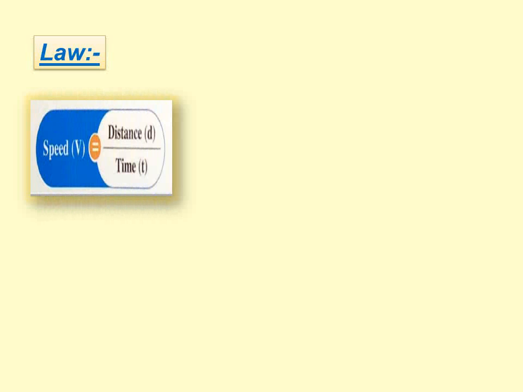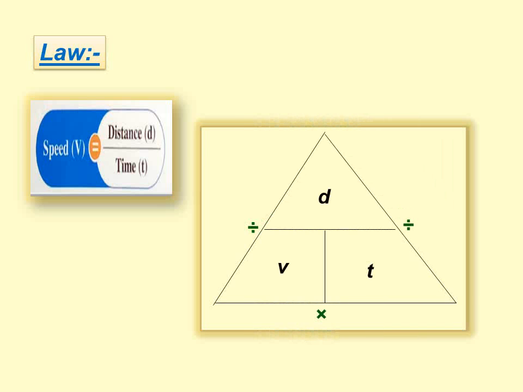Okay, we have here the law to describe the speed. Speed has two factors that describe it, distance and time. Speed takes the symbol v, distance takes the symbol d, and time takes the symbol t. So v equals distance divided by time, d over t, the law for describing the speed.